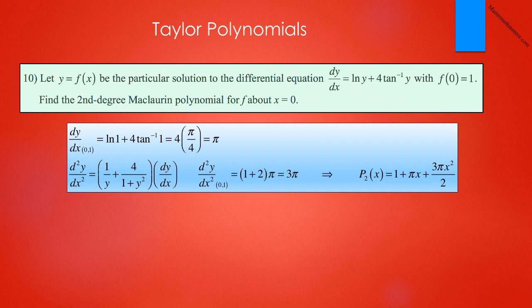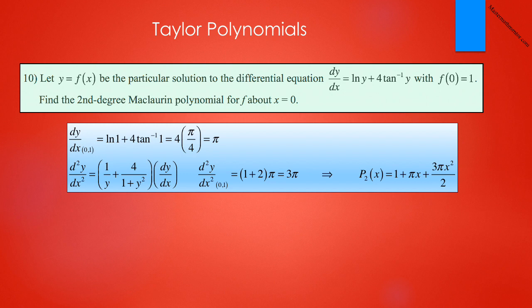So the second derivative is 1 over y plus 4 over 1 plus y squared times dy dx. So the second derivative at the point (0, 1) is 1 plus 4 over 2, which is 3, times pi, or 3 pi.